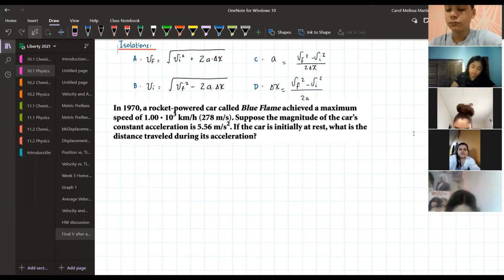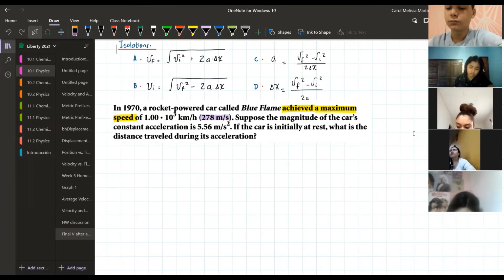So, take a look here. It's very interesting because they are giving you a maximum speed reached, okay? That is 1 times 10 to the third power kilometers per hour. But the problem is also giving you the information that it's 278 meters over second. The problem is already giving you the conversion.